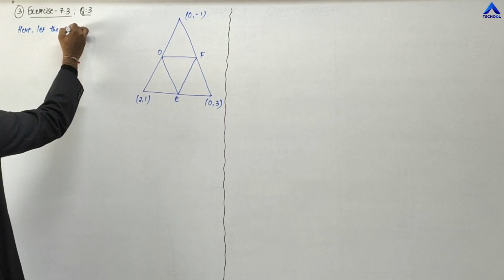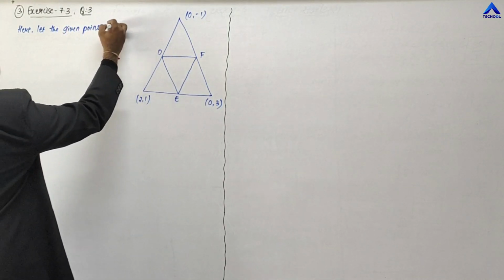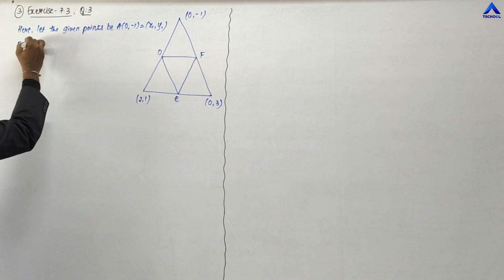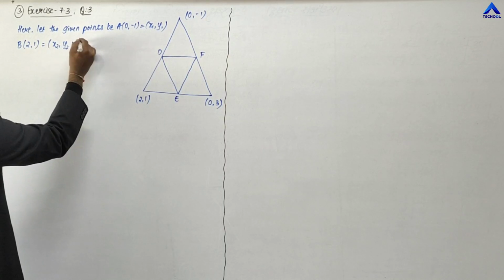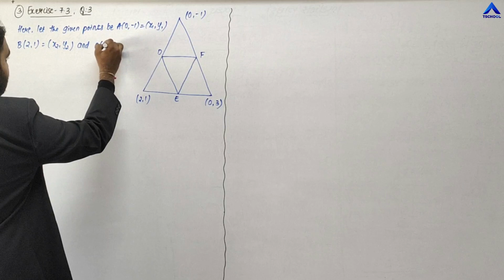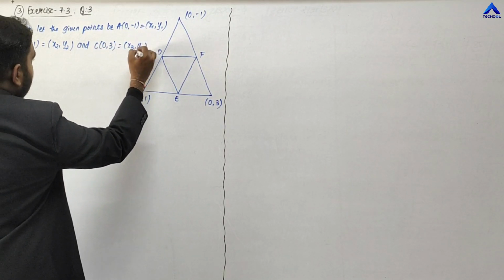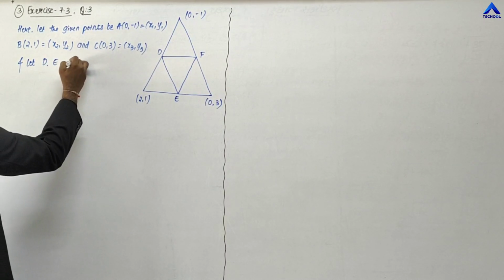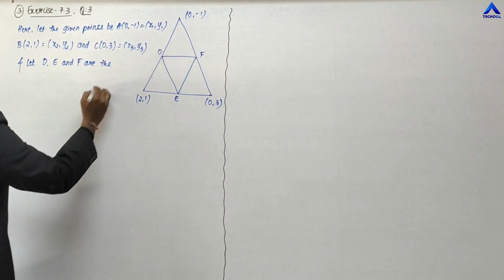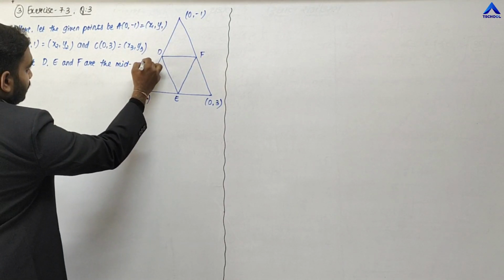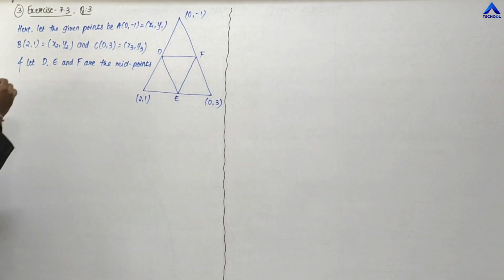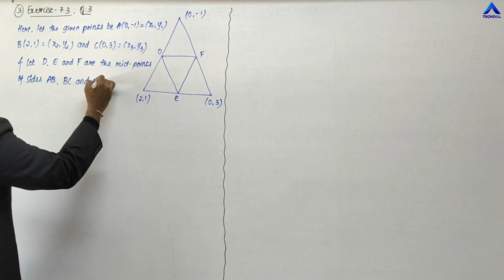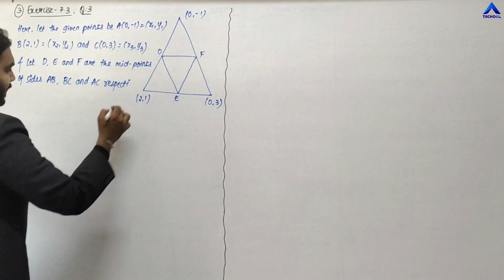Let the given points be A 0, -1 equals x1, y1, B 2, 1 equals x2, y2 and C 0, 3 equals x3, y3, and let D, E and F be the midpoints of sides AB, BC and AC respectively.